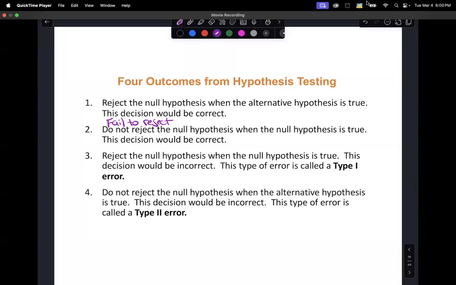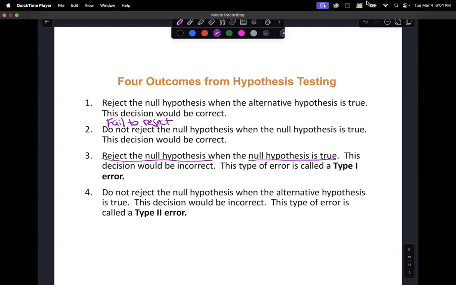They are the errors. It's a type 1 error if you reject the null hypothesis, but the null hypothesis is true. So if you don't have evidence to support your alternative hypothesis, but you still reject the null hypothesis, that's a type 1 error. When would you not have evidence?